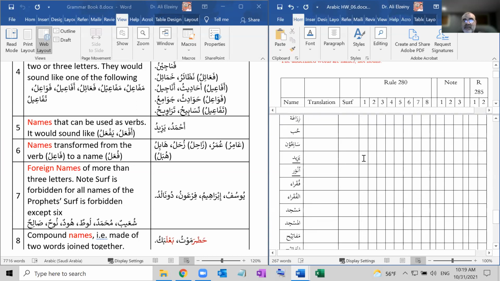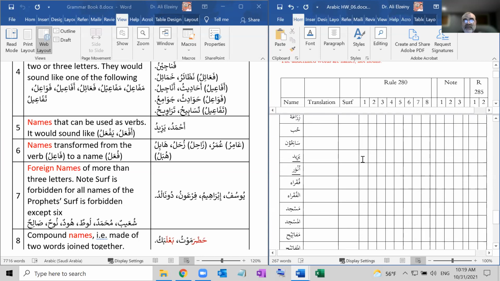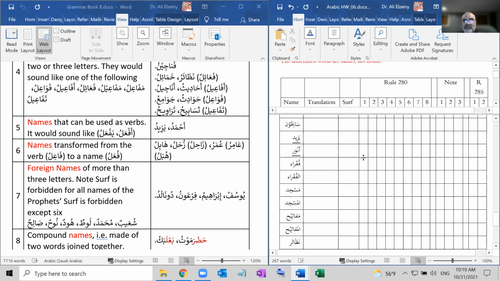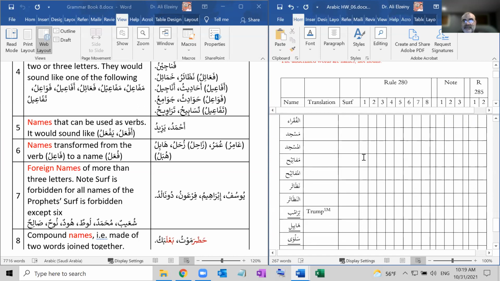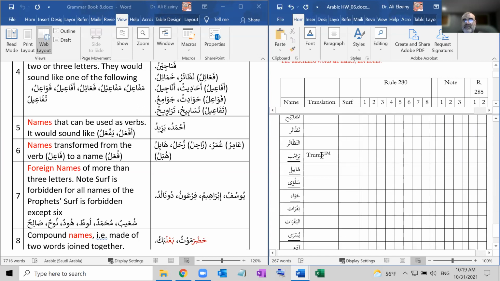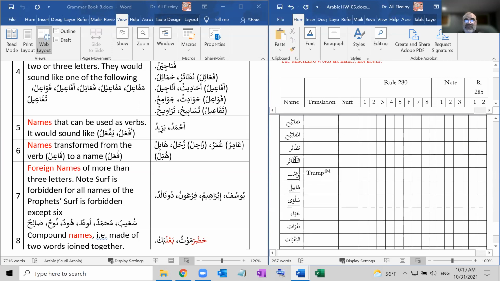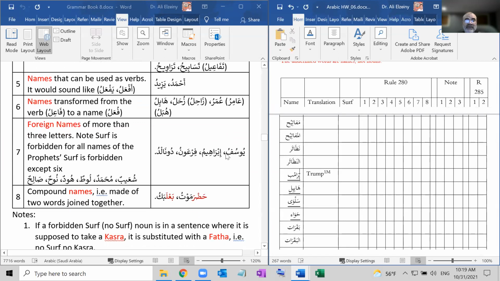One last example. Trump, the president. It's one male. It's a single male. Okay, so sarf is not allowed. Why? Because it falls under case number 7, foreign names. Trump is a foreign name.